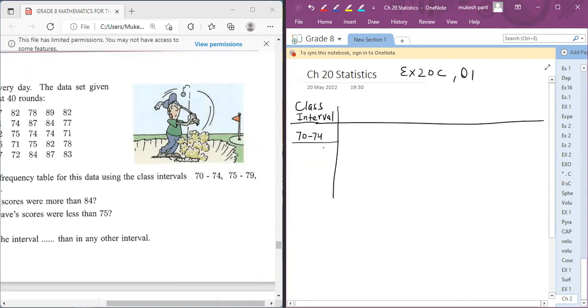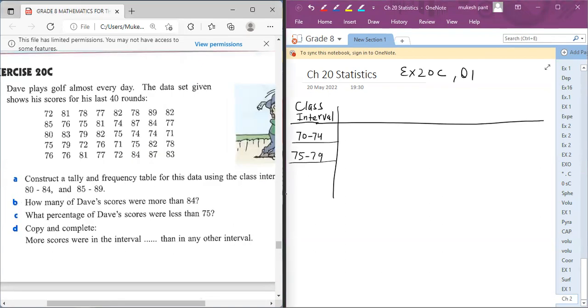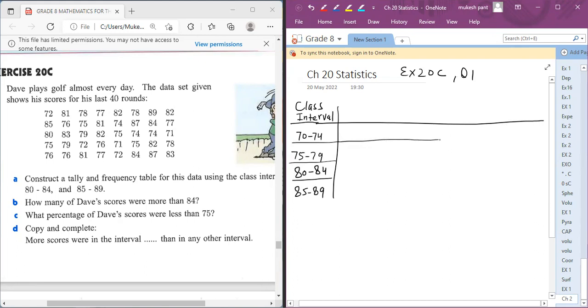Then we have 75 to 79, then 80 to 84, and then 85 to 89. Now we look for the frequency.